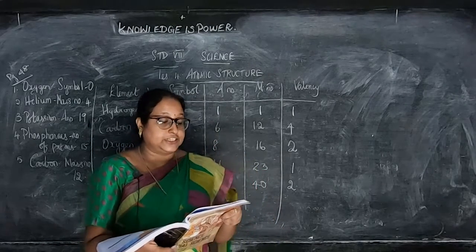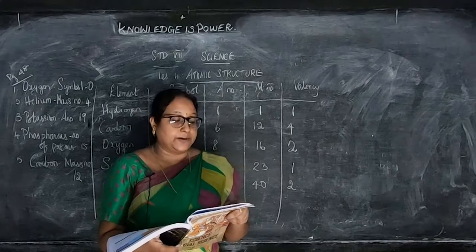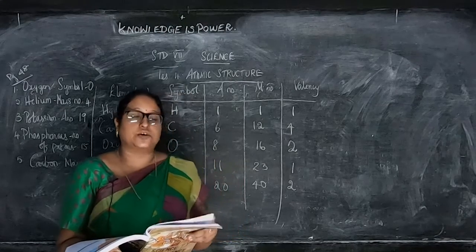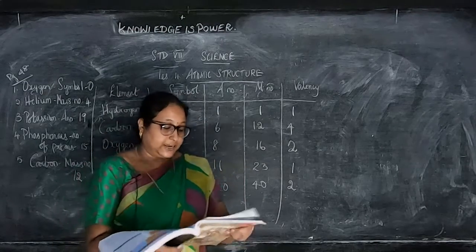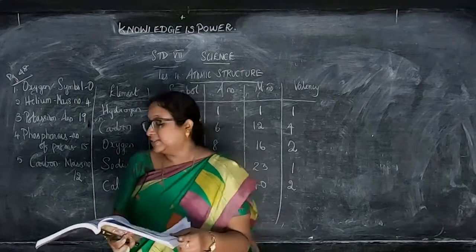They have given for each the atomic number, mass number, protons, electrons and neutrons, everything is given there, and I have given the answers for these questions.